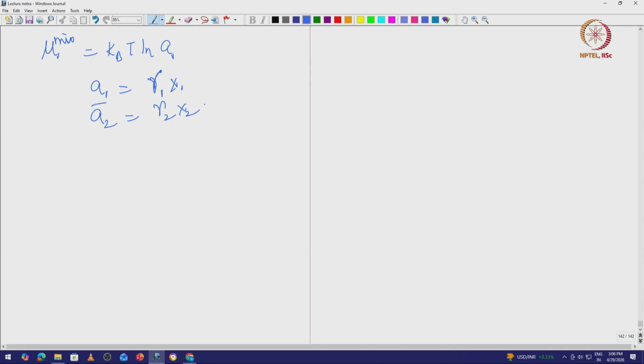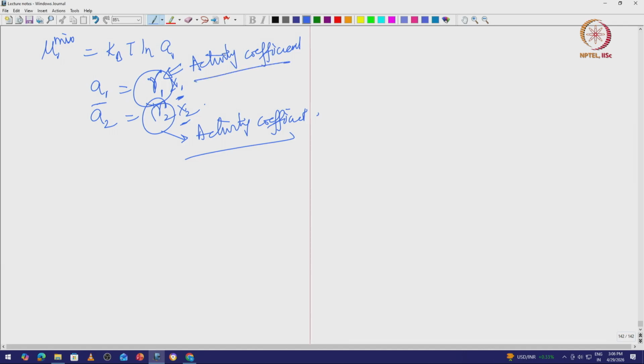So, A1 and A2 are related to the compositions. I am just going to define they are related to the composition through what is called an activity coefficient, right. This is also an activity coefficient of 2. Okay. Now, we will try to look at what activity is based on the activity coefficient, that is where we are getting it.